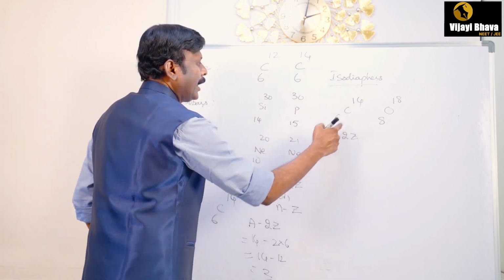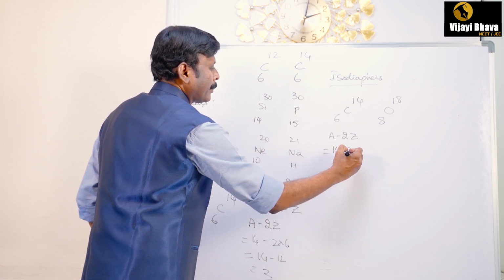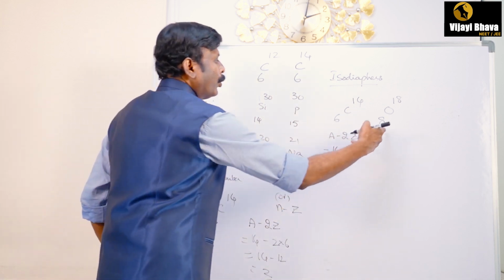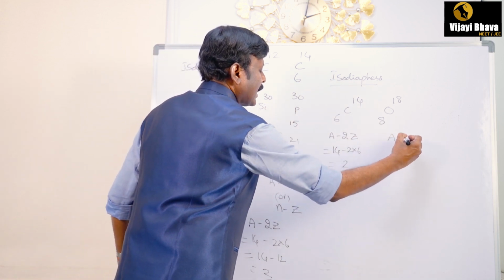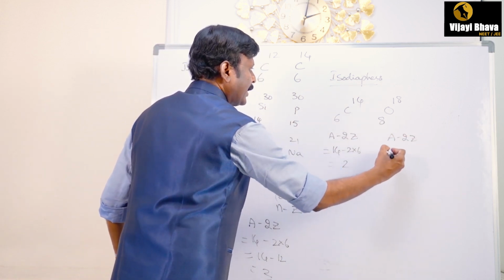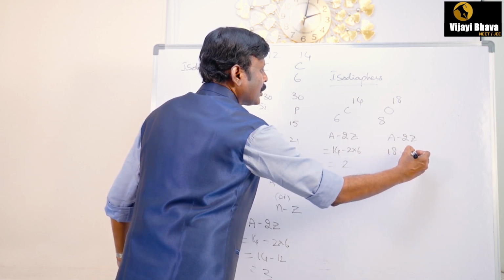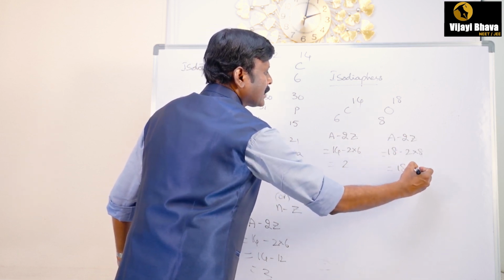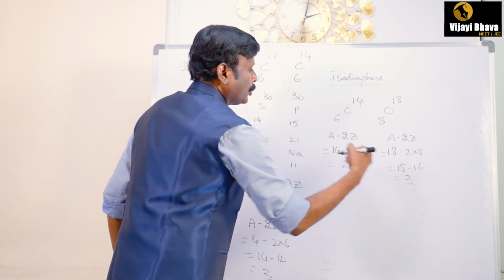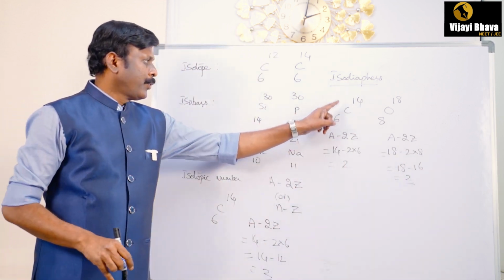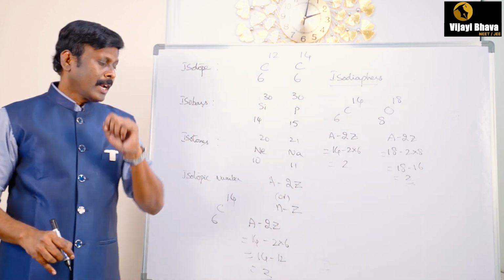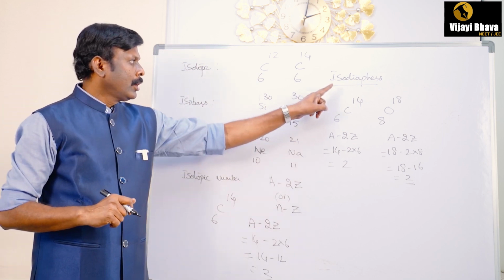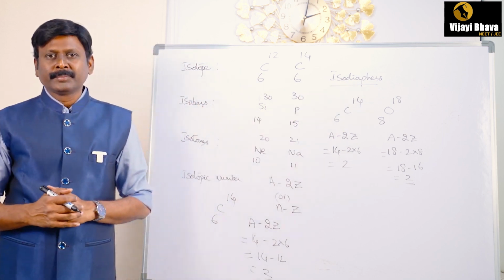A is 14 here, 14 minus 2 into 6, it is 2. Moving on to this oxygen, A minus 2Z: here it is 18 minus 2 into 8, that is 18 minus 16, again 2. So here 6C14 and 8O18 have the same isotopic number, hence they are called isodiaphers.